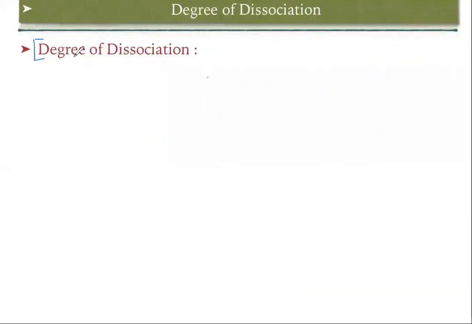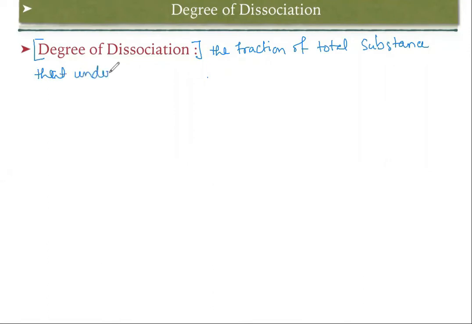Now let us discuss degree of dissociation. The statement says it is the fraction of the total substance that undergoes dissociation. Okay, so degree of dissociation, I'm defining this as beta.